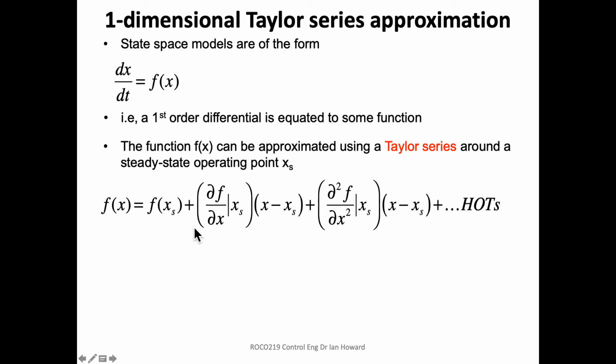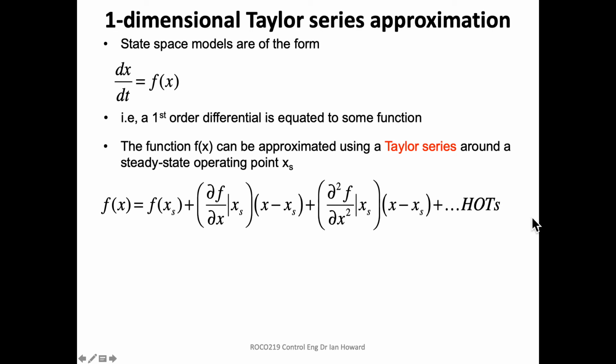The Taylor expansion of the function in general is given by the function value at that point, XS, plus the differential of that function at that point multiplied by the deviation we are away from that point, plus the second differential at that point multiplied by how far we are away from it, and so on.